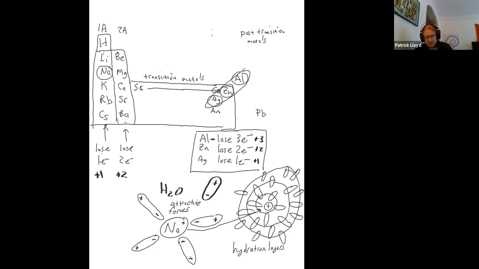Hydration meaning water, right? Hydration means surrounded by water. So you get these hydration layers of water surrounding the sodium ion. And then the next sodium ion is going to be way over here, surrounded by these water molecules. Again, you're going to have all these layers.